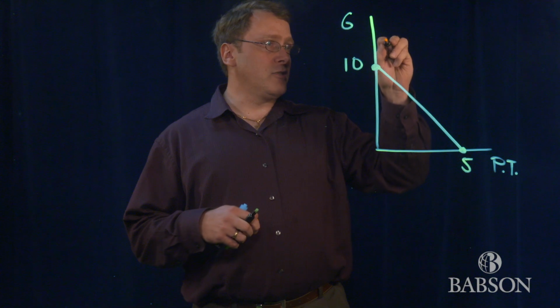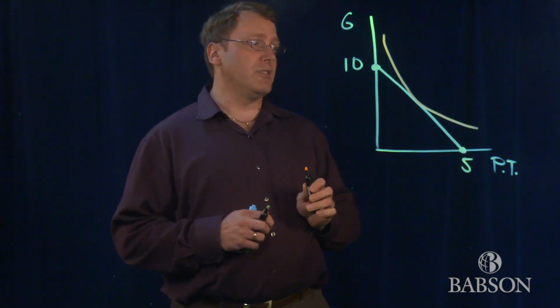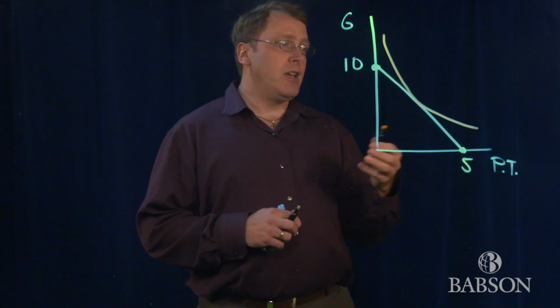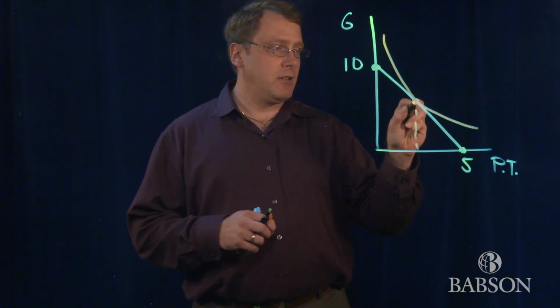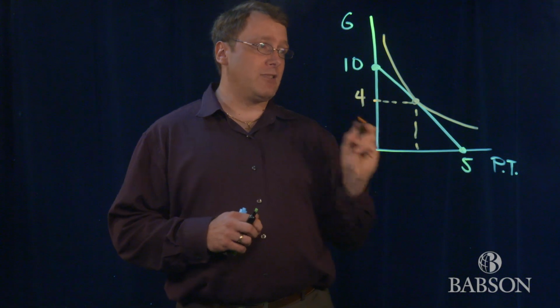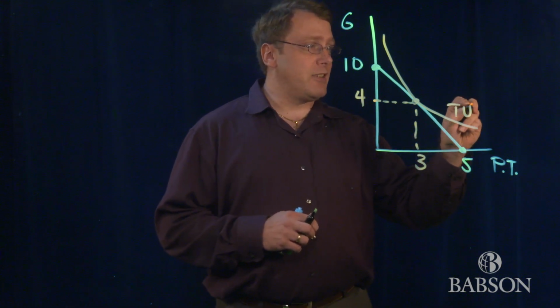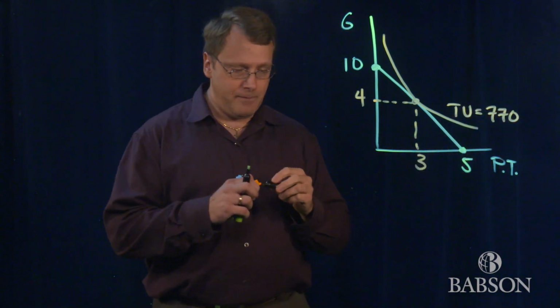And the indifference curve is all of the combinations of goods and services that give us the same level of total utility. And remember, we found that that optimal combination of Pop-Tarts and granola was 4 ounces of granola and 3 Pop-Tarts. That gave us a total utility of 770.